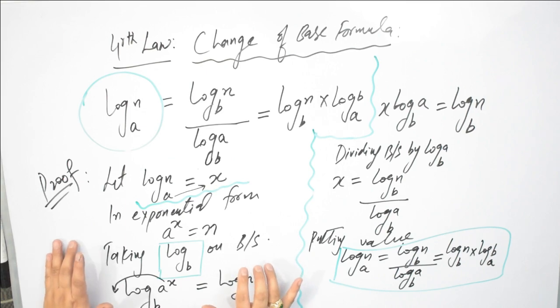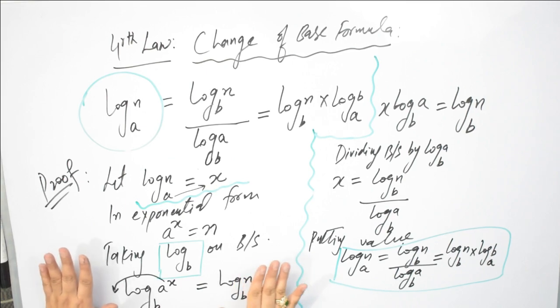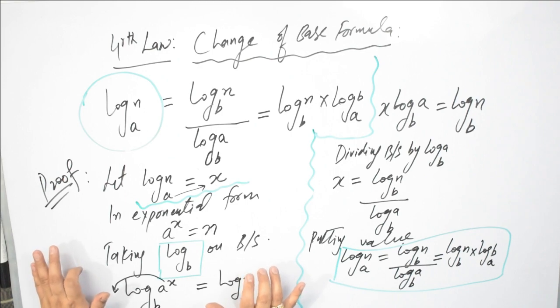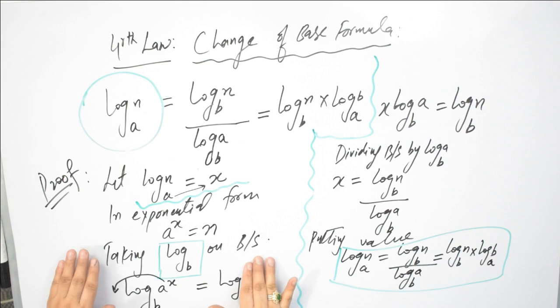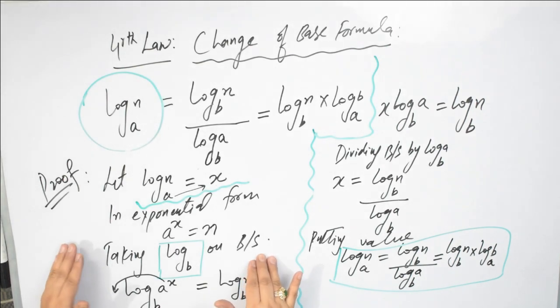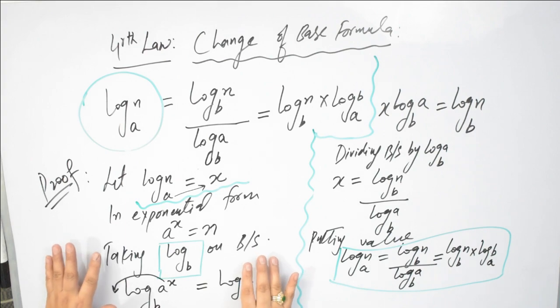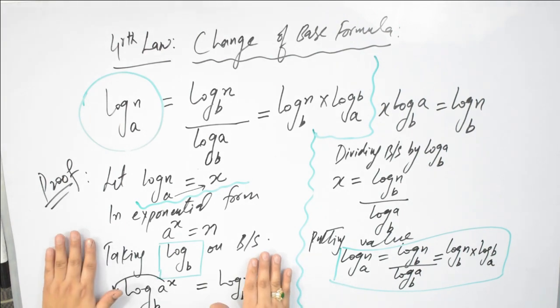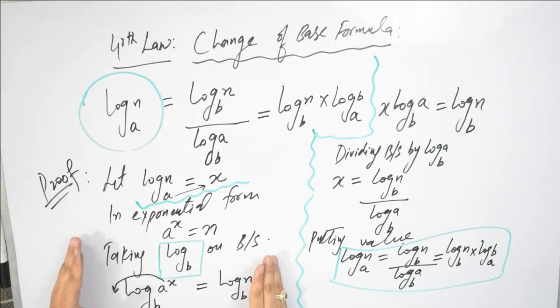So you have all these fourth laws in your book at page number 65 along with their proofs. I hope students you will understand these laws, and I think you can prove these laws by yourself. So इनको बहुत अच्छी तरह से learn करें.